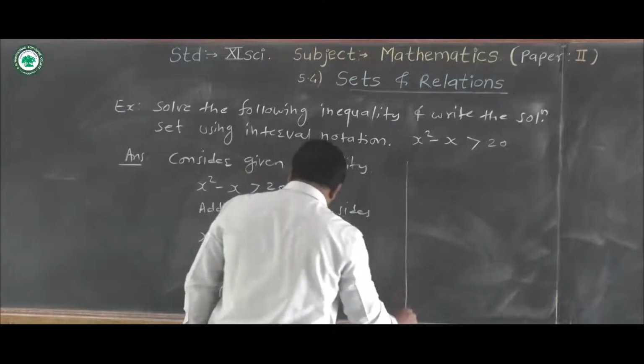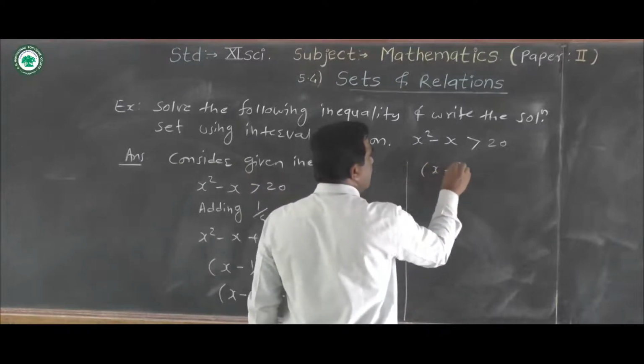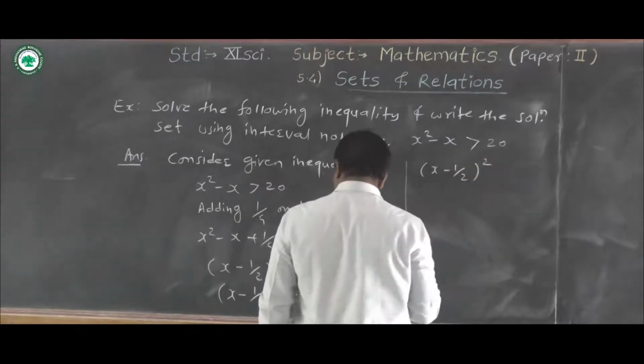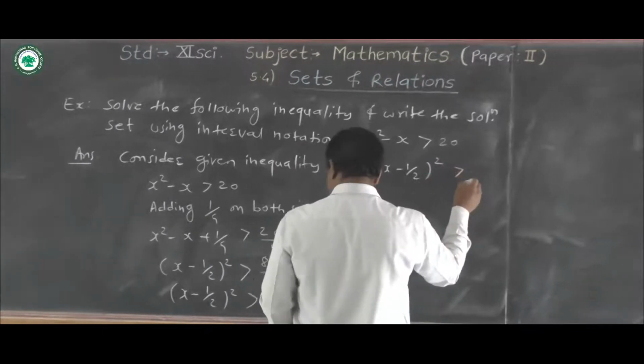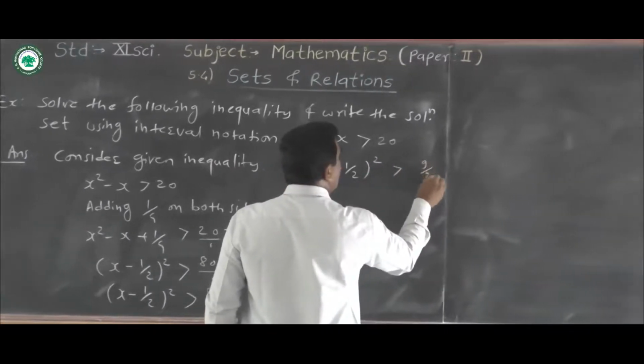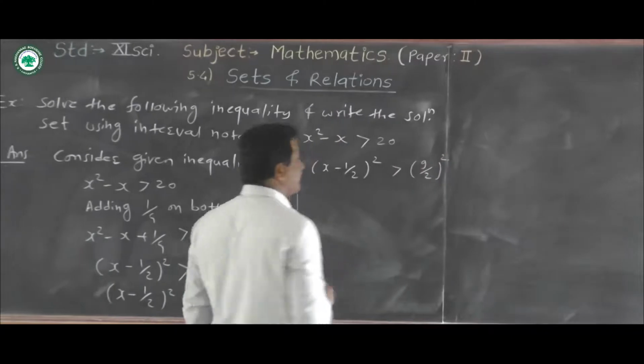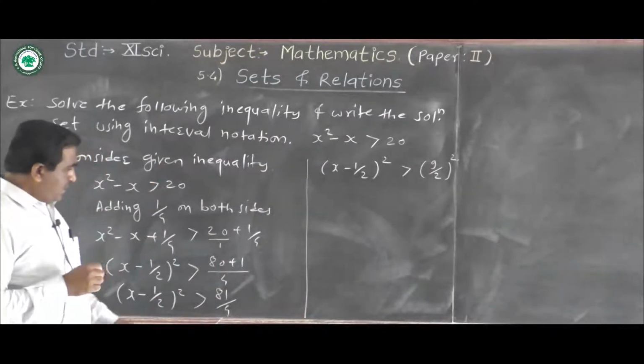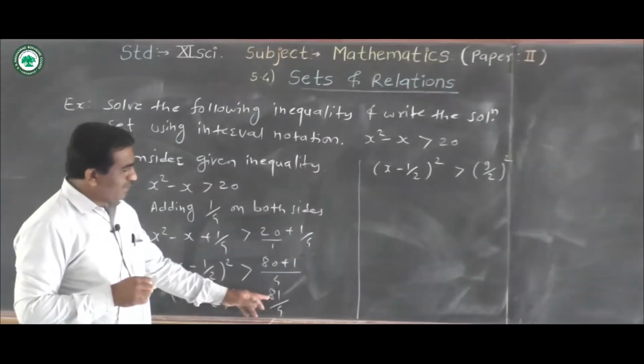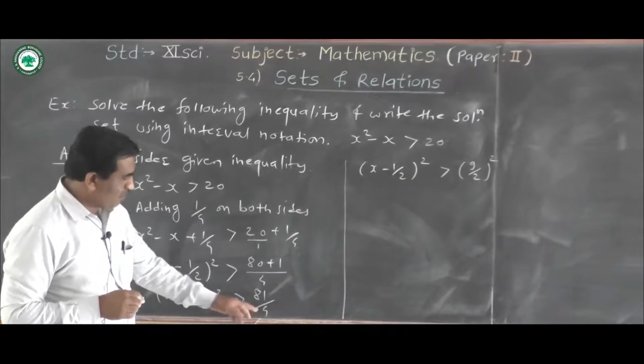Now this can be written again as (x minus 1 by 2) whole square is greater than (9 upon 2) whole square. Okay, 9 square means 81 and 2 square means 4.